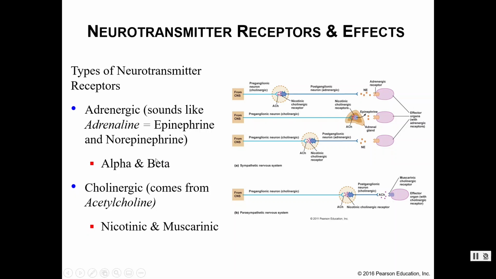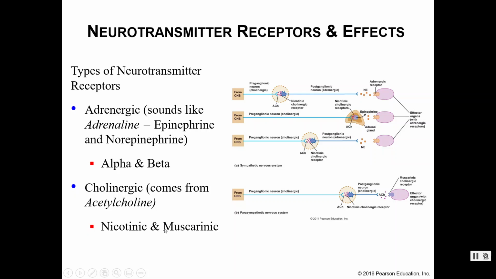Both of these bind to epinephrine and norepinephrine. Cholinergic binds to acetylcholine. And again, we've got two varieties. We've got nicotinic cholinergic receptors and we've got muscarinic cholinergic receptors.